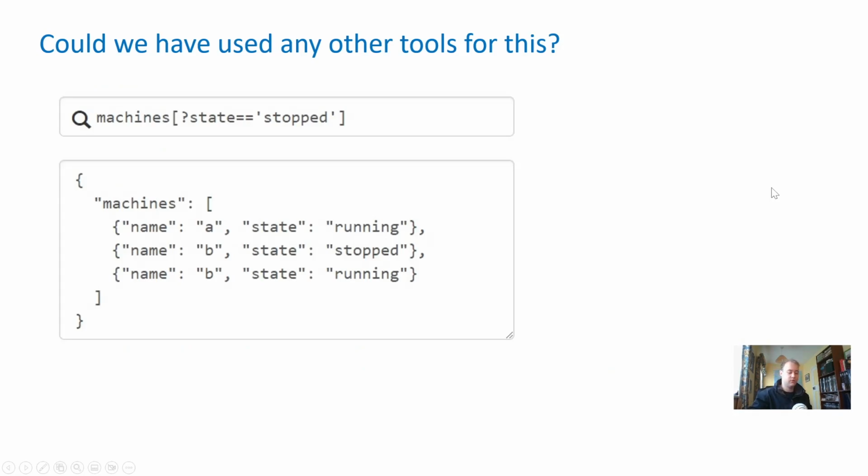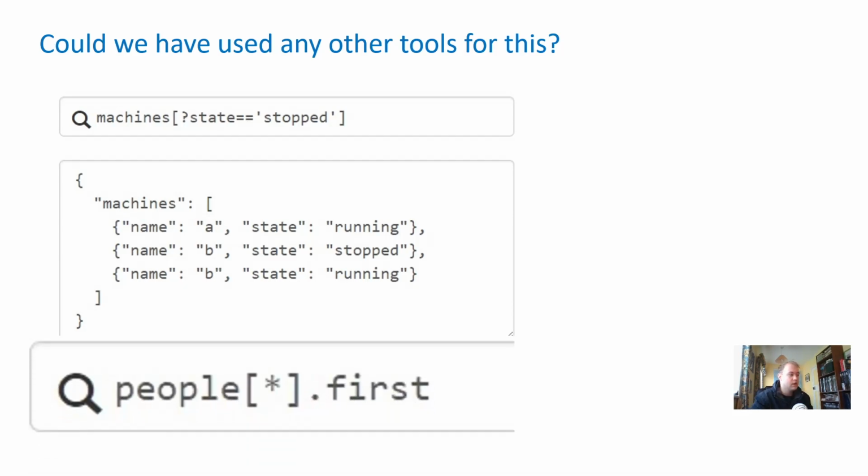So let's just think about this for a minute. Could we have used any other tools for this? Because now we've removed the .name at the end, it's not obviously a projection anymore. This is our classic example of a list projection that we looked at, people.first. Couldn't we have used something like that here?